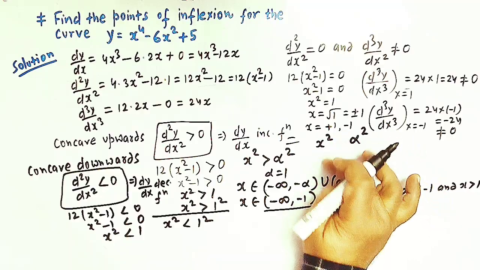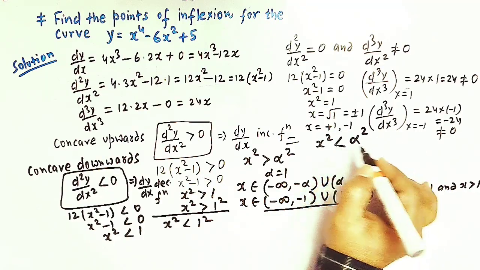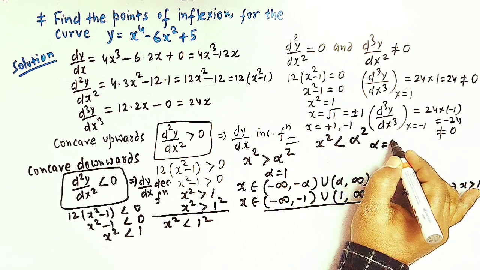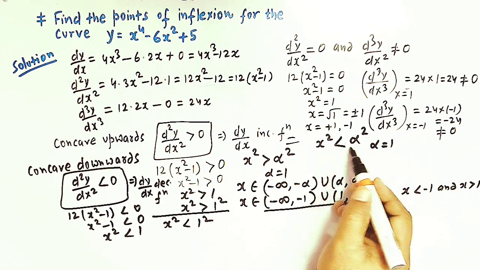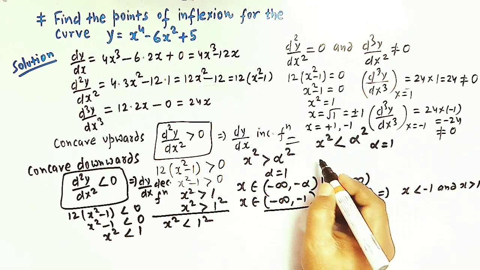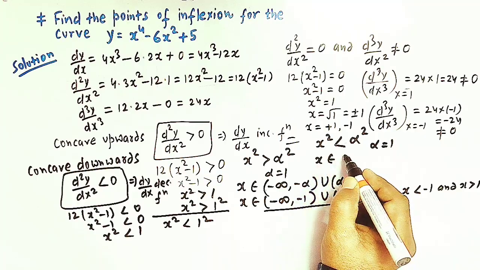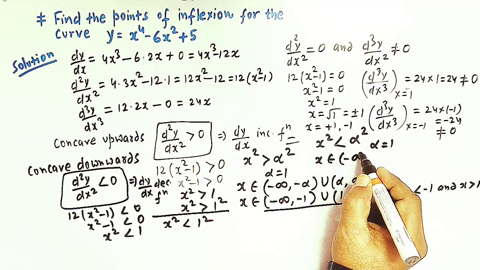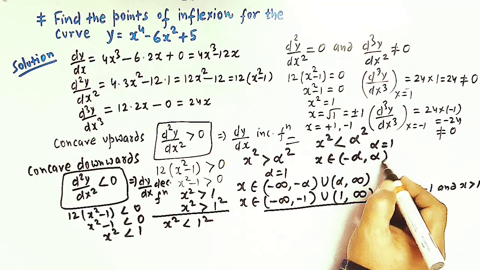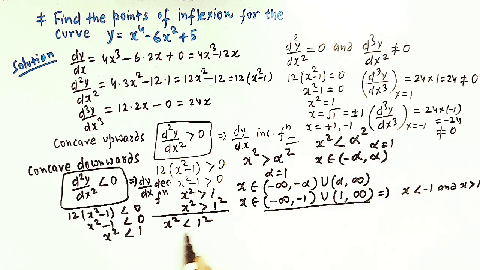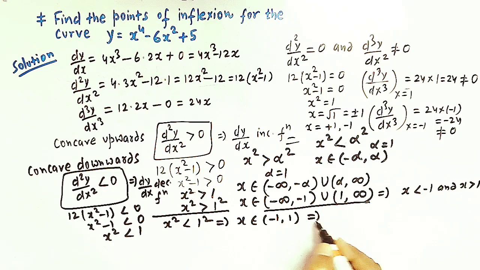So this inequality is of this form where alpha is now 1, and the solution of this type of inequality is given by x belonging to the interval minus alpha to alpha, right? So we have the solution of this inequality as x belonging to minus 1 to 1, or we can write x greater than minus 1 and less than 1.